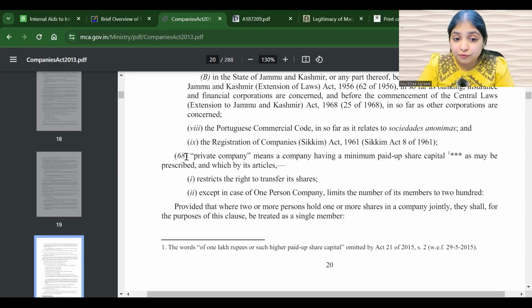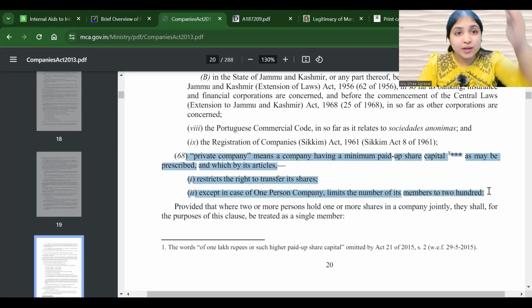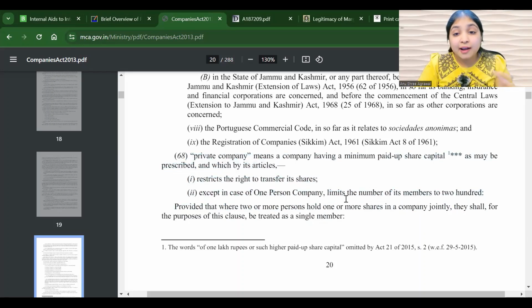First of all, the proviso is removing joint shareholders from this definition, and for them it creates a special rule that joint shareholders will be counted as one only. There's a limit: in a private company, we can have a maximum of 200 members. But the proviso is saying if they're joint shareholders, we will count them as one only. So first the proviso creates an exception, taking joint shareholders out of the section, and for joint shareholders it creates a special provision: they will be counted as one only.